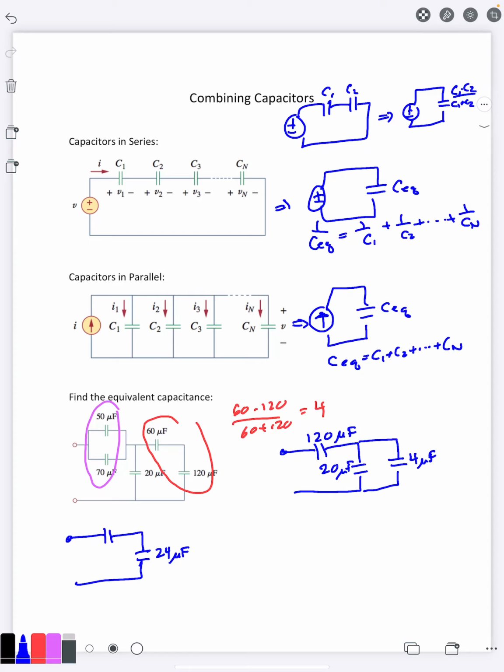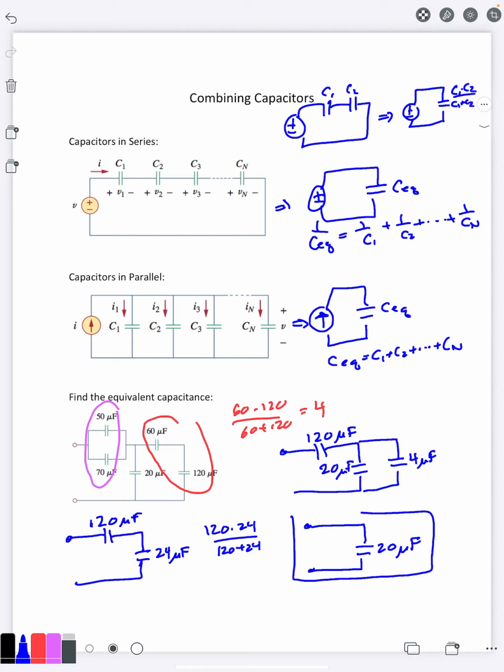And then lastly, we go ahead and do our series rule, which is 120 times 24 over 120 plus 24. And it's going to be a total of 20 microfarads. And we found the equivalent capacitance.